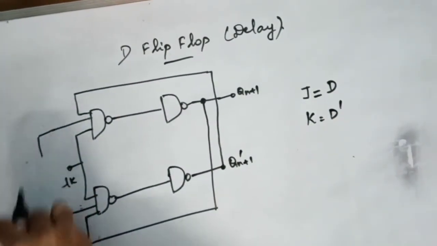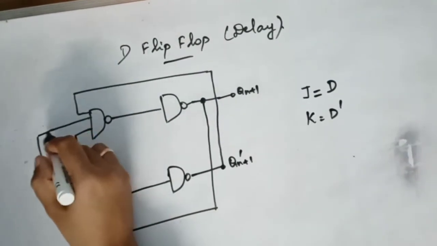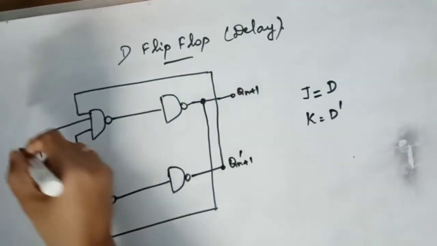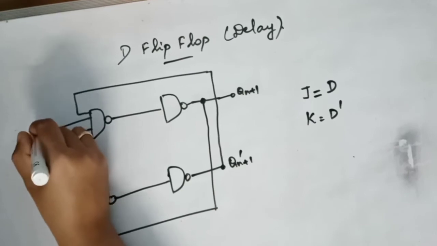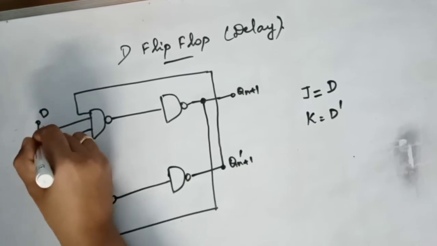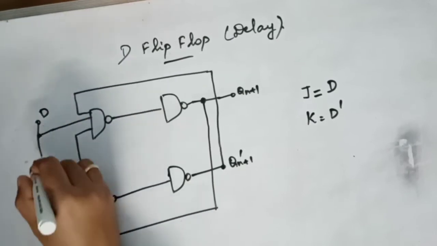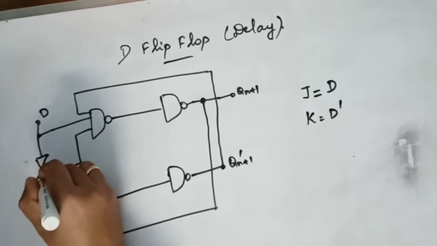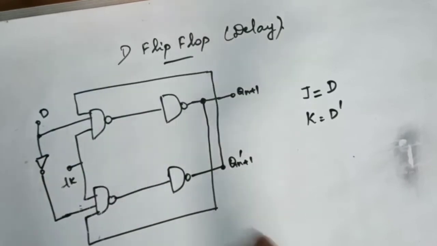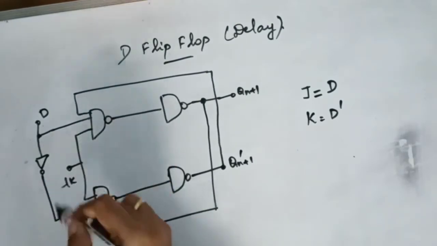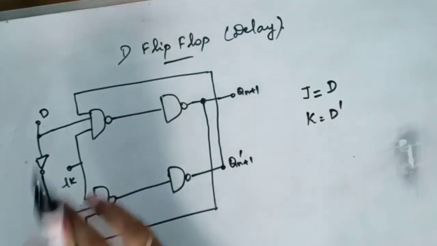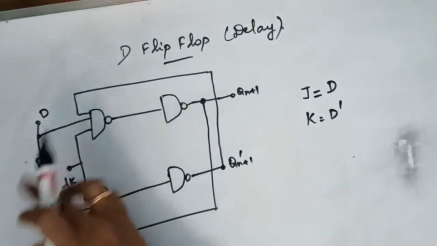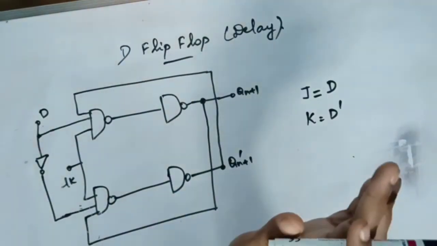So J you give as D and K you give as D bar. There is only one input, D, which is complemented and given to the second.